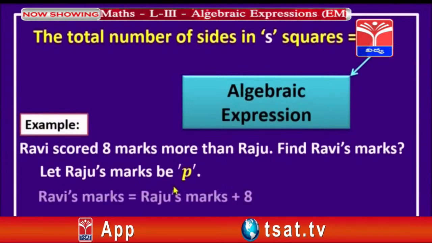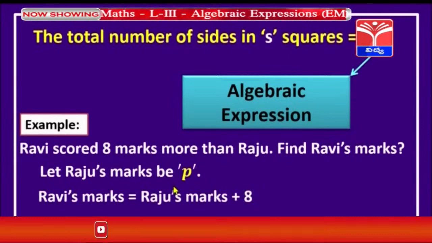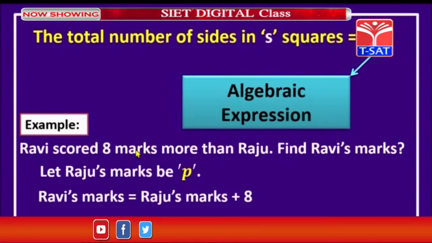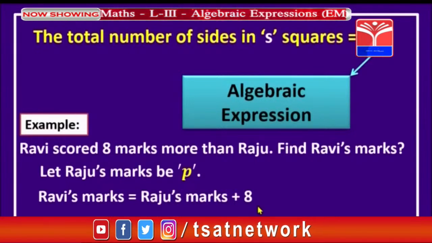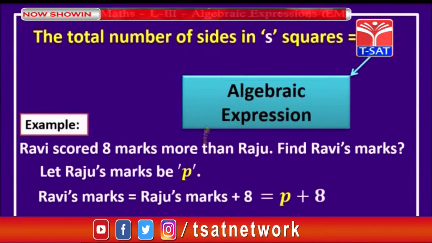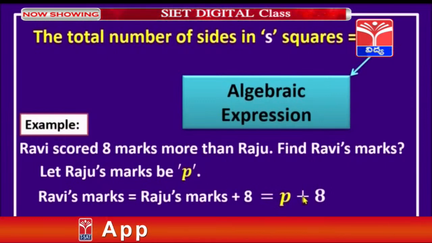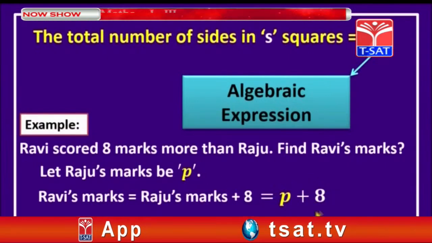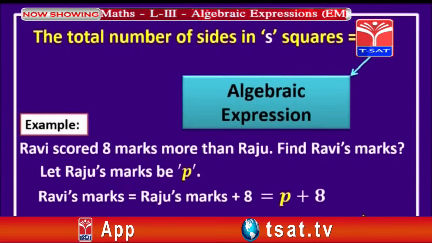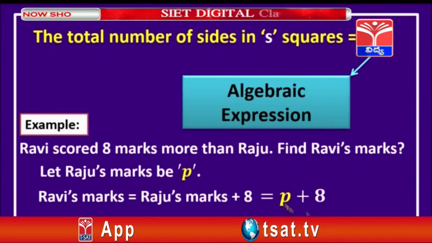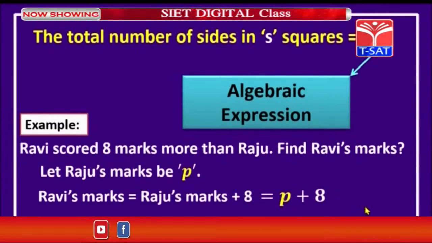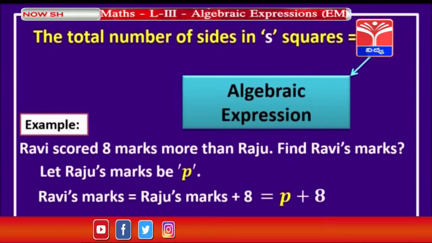Now what is given to us? Ravi's marks are 8 marks more than Raju's. That means Raju's marks plus 8. Here Raju's marks are P, so we substitute P plus 8. Now this is the marks scored by Ravi. Whatever we obtain, P plus 8, is again an algebraic expression, children.